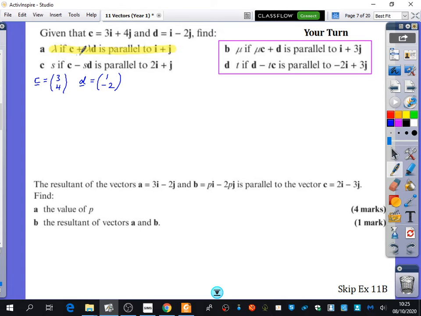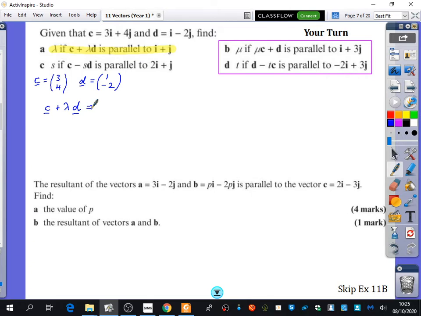So I'm going to take this sentence. If C plus lambda D is parallel to (1, 1), how did we show that two things were parallel earlier on? You say that one of them is a multiple of the other one.